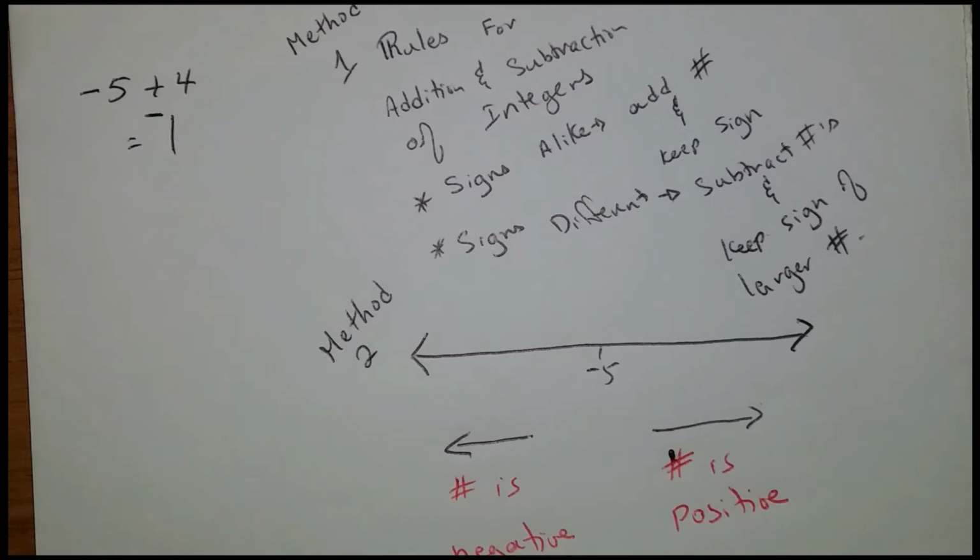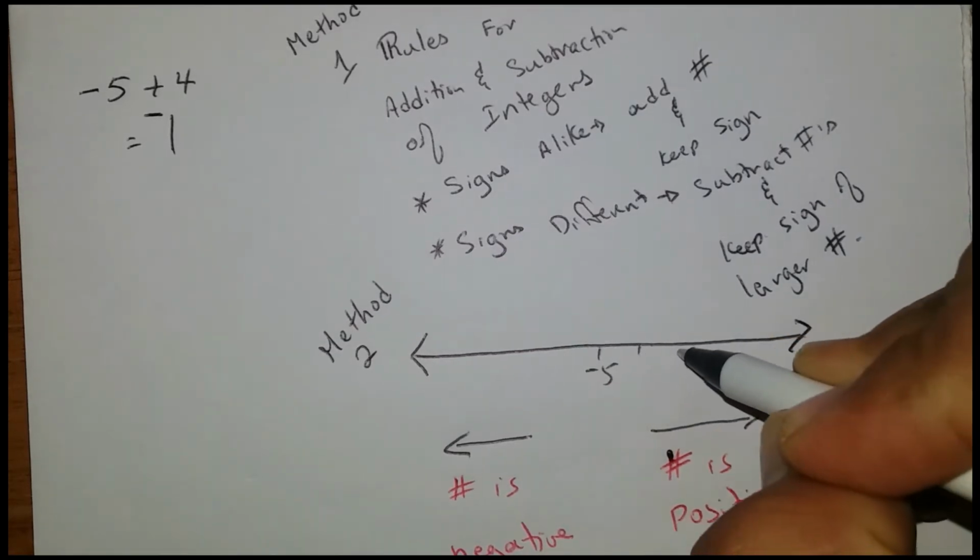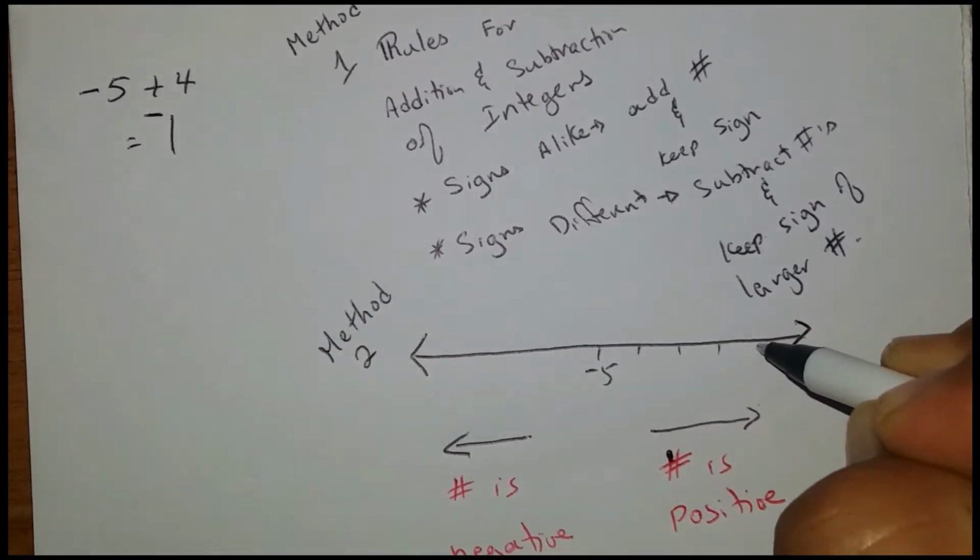Negative 5 is what we place in the middle. Then we have a positive 4. Since we have a positive 4, it means that we're going to move 4 units to the positive side, or to the right. So here we go. 1, 2, 3, 4.